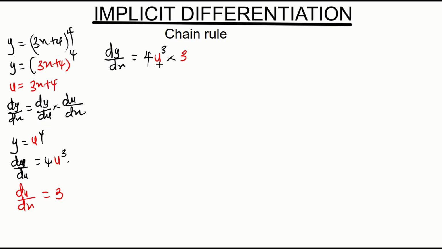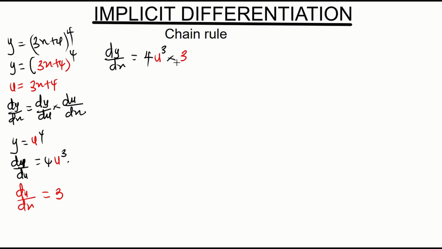But over here, we have to identify that our u depends on x and our y depends on u. Let's take that again. We see that this function y now depends on u, and then our u over here depends on x.